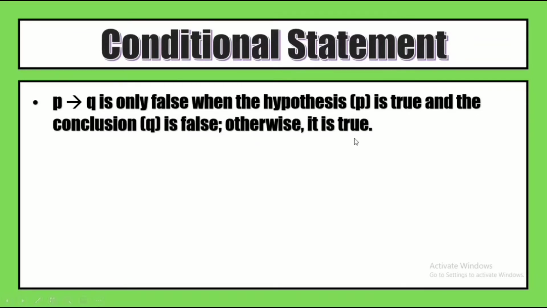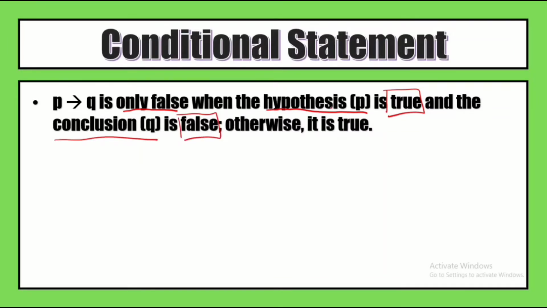Otherwise, it is true. So, ito lang yung tatandaan nyo lagi. So, yung P natin, that is our hypothesis or the premise, and Q is our conclusion. So, false ang isasagot natin under of the truth table if our hypothesis or the premise P is true and our conclusion is false. Okay po?